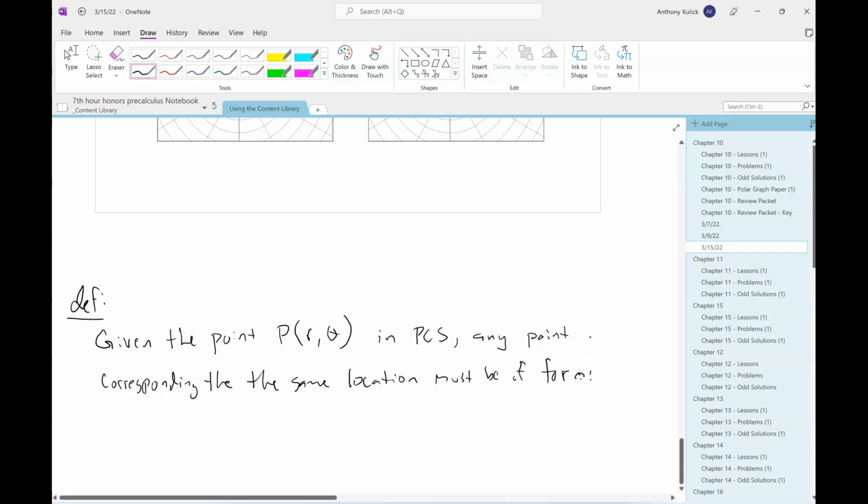So any point corresponding to the same location must be of the form, we had mentioned there that there's going to be two forms, right?